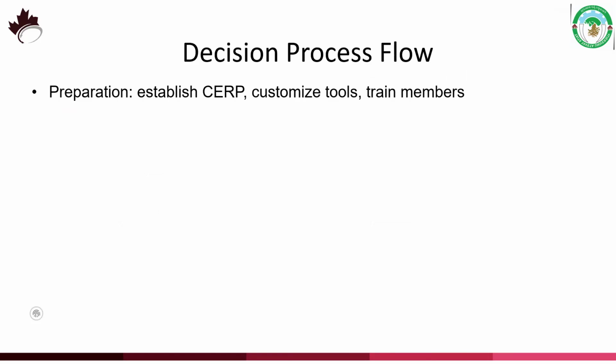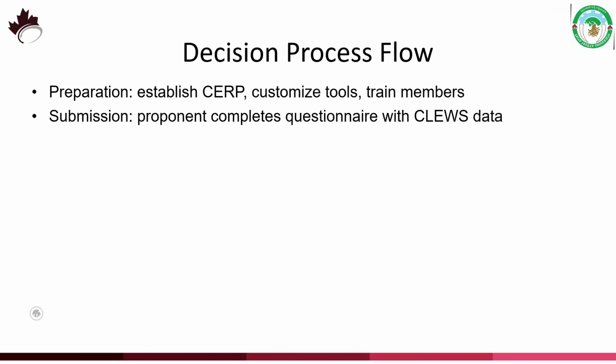The decision flow is to set up the community environmental review panel, develop tools, and train the members. And then the proponent will fill in the questionnaire and submit that with the CLUES data to the environmental review panel.